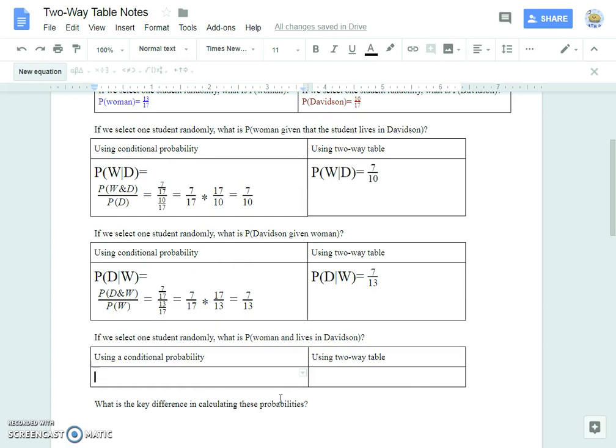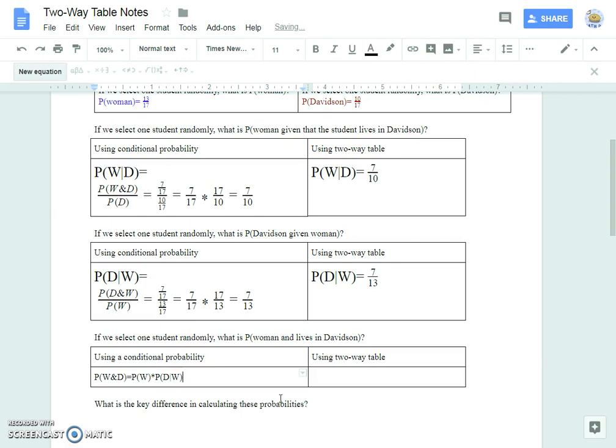One more. We want to find the probability that they're a woman and live in Davidson County if we're selecting one student randomly. So our probability of woman and Davidson is equal to the probability that they're a woman times the probability that they live in Davidson County given that they're a woman.